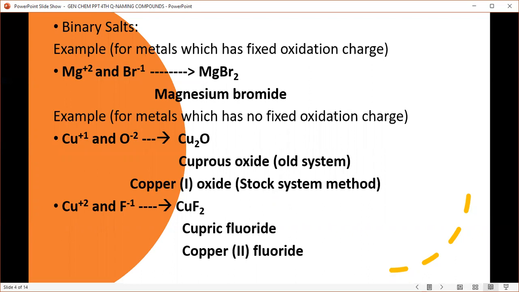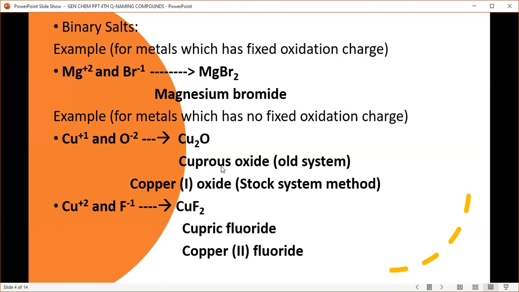So as you can see here, our copper has another term, which is cuprum. So we will be making use of that. So it's cupr, that is the first syllable for the term cuprum. So cupr is again our stem of the other name for copper.